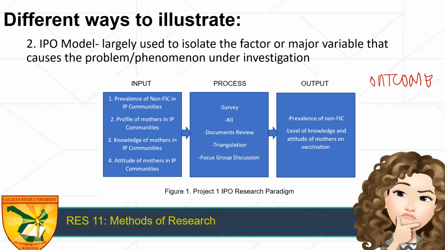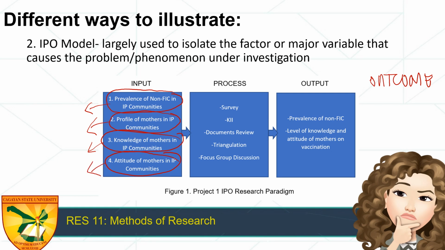So this is actually our IPO research paradigm for our vaccination study. For the input here, you can see the prevalence of non-FIC in IP communities, which is a part of your research question, the profile of the mothers, also a part of the specific questions, and the knowledge and the attitude of the mothers in IP communities.